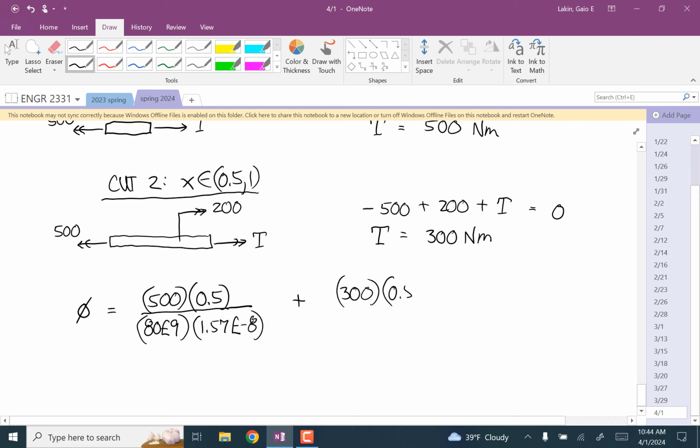The length is 0.5. We divide by 80 times 10 to the 9, 1.57 times 10 to the minus 8.